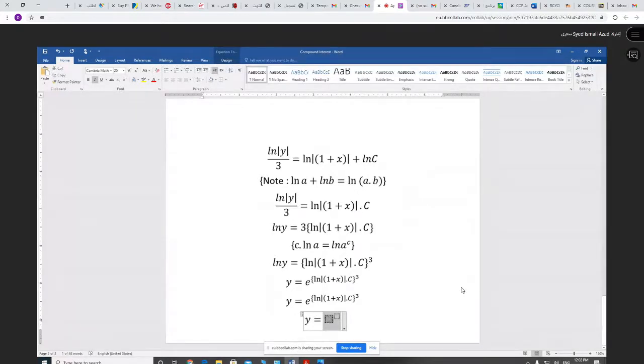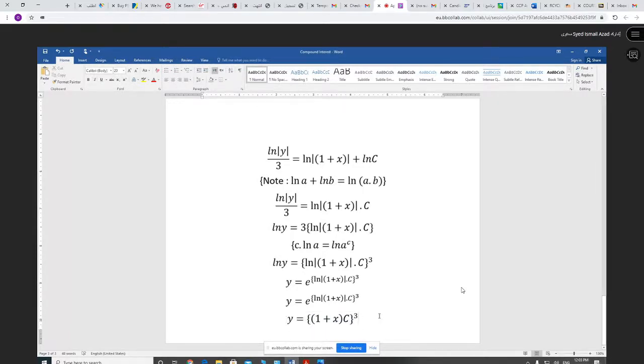It will be 1 plus x to the power 3, with c outside.